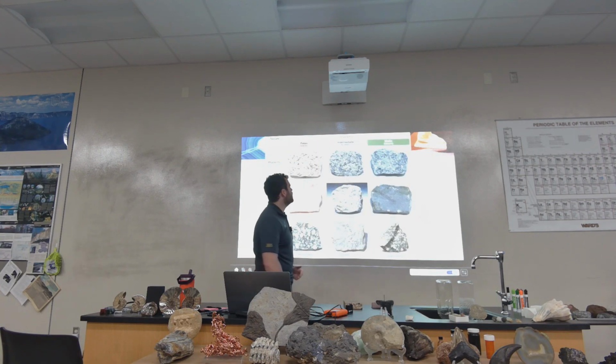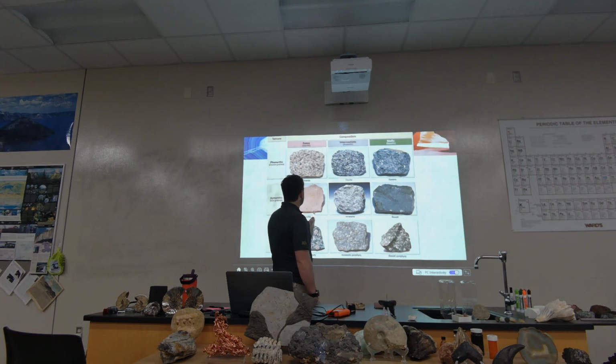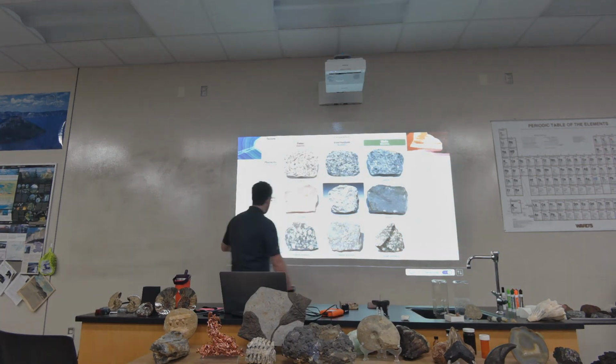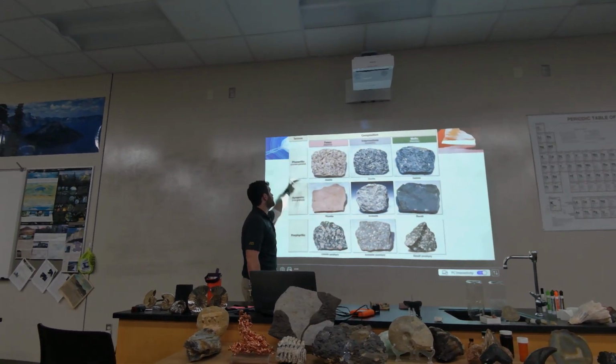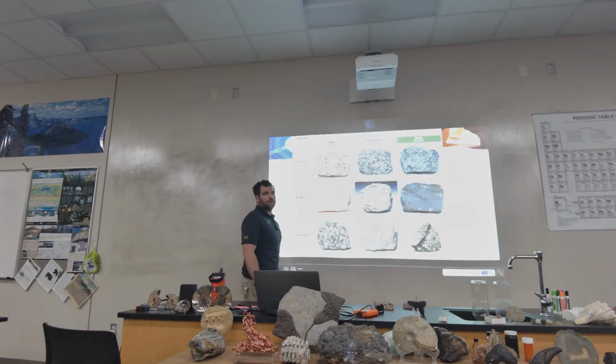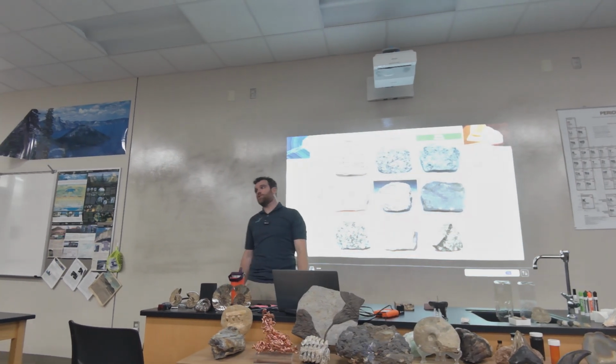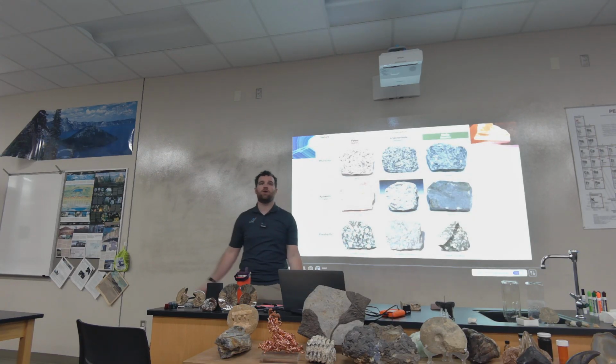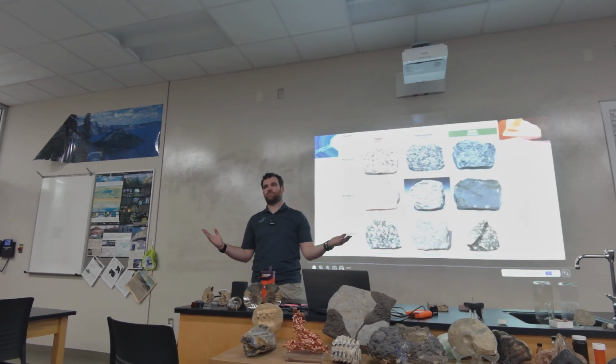For example, right here, felsic, intermediate, mafic. Porphyritic, aphanitic, phaneritic. If I were to ask you to give me the name of a common phaneritic felsic igneous rock, what could you tell me? Granite. You win!